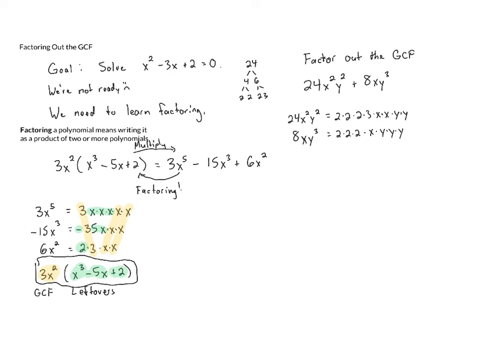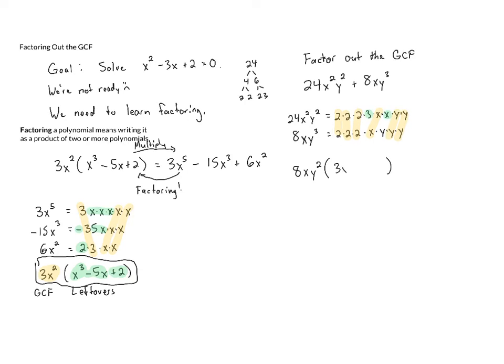Now we need to figure out the greatest common factor, what they have in common. They've got 3 factors of 2 in common. They've got an x in common, and they've got 2 factors of y in common. So the GCF is going to be 2 times 2 times 2, which is 8, and then x, and then y squared. And then in parentheses, we're going to need the leftovers. If you look at the leftovers from the first one, we've got 3x.